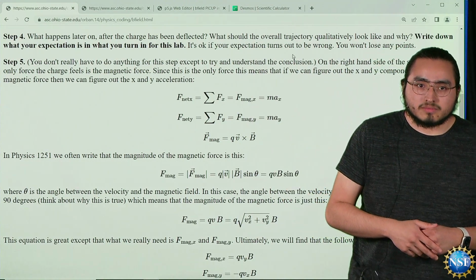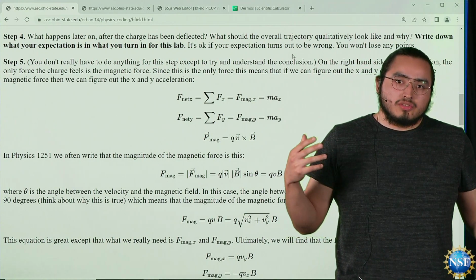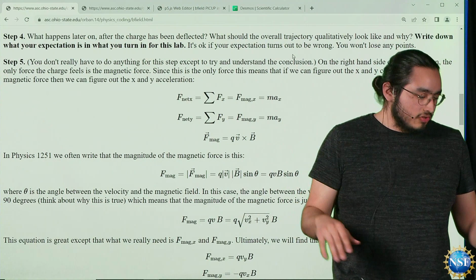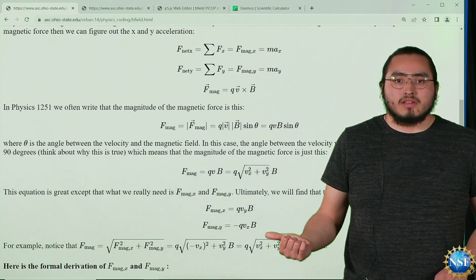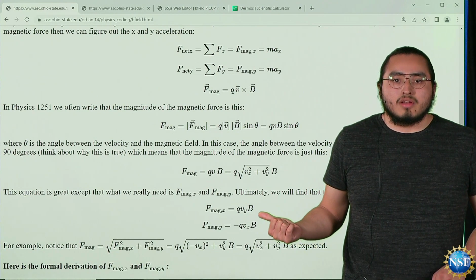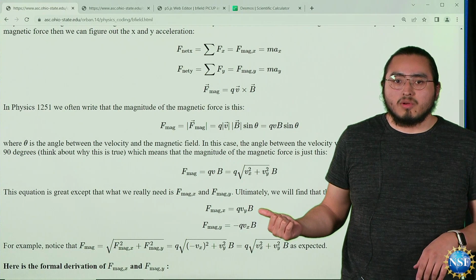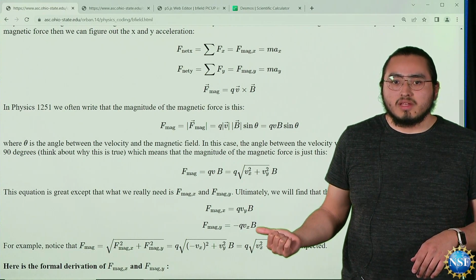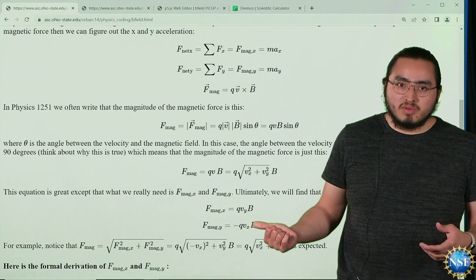To break that down some more, for the force felt in each direction, we have it defined right here, where the force in the x direction due to the magnetic field onto our particle is QVyB, and in the y direction is minus QVxB.